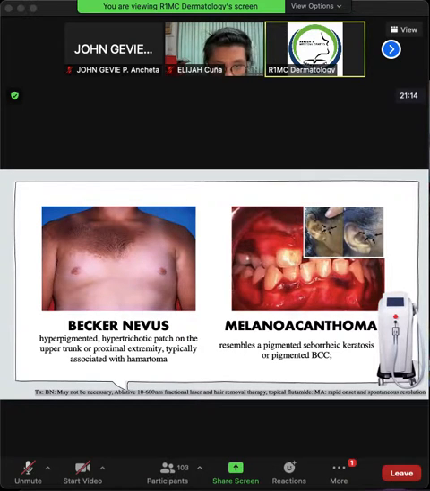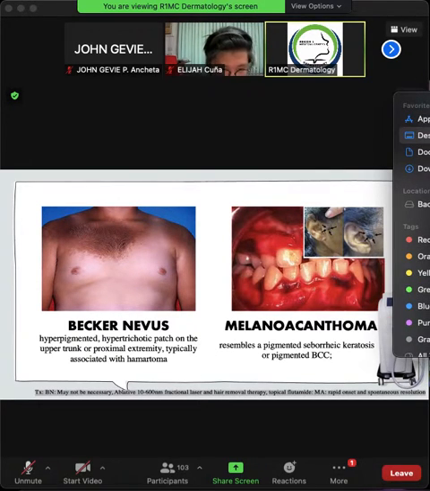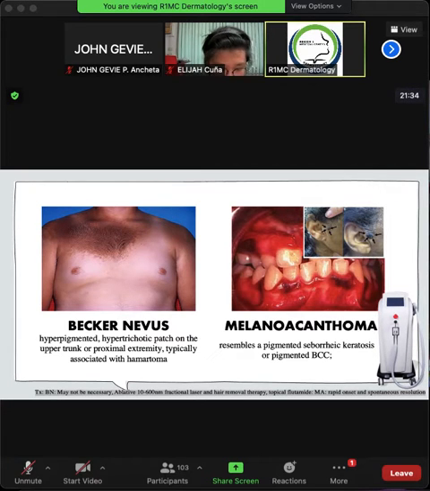Another type is your Becker nevus, presenting as a hyperpigmented hypertrichotic patch on the upper trunk or your proximal upper extremity, usually seen before puberty, and almost all patients are males, and is typically associated with your smooth muscle hamartoma.